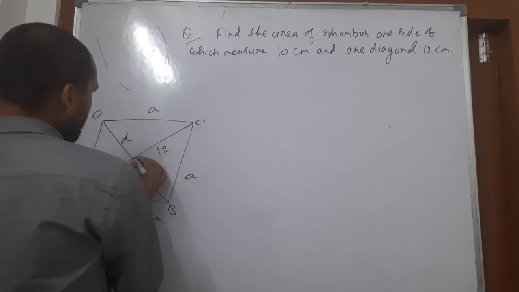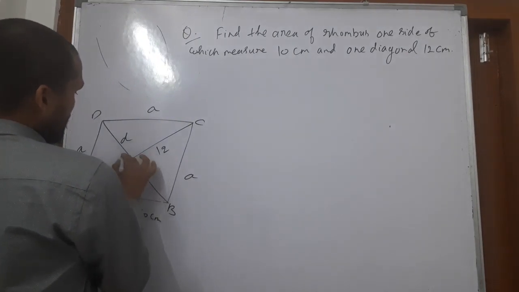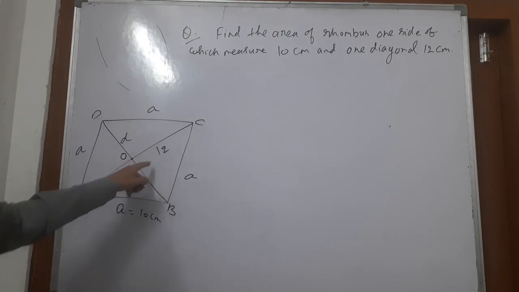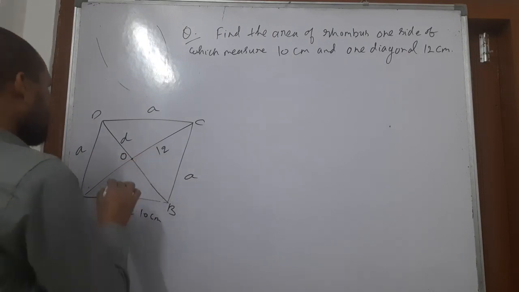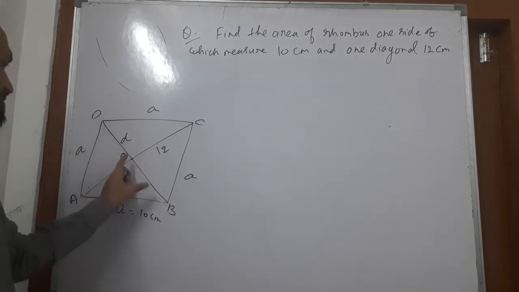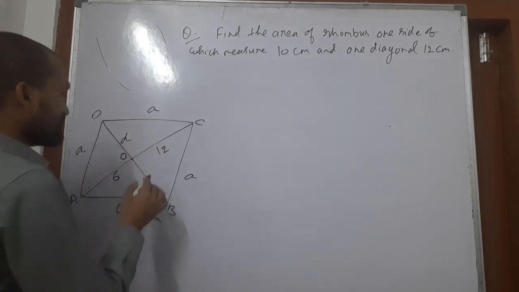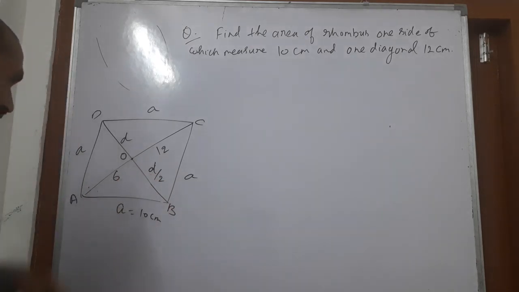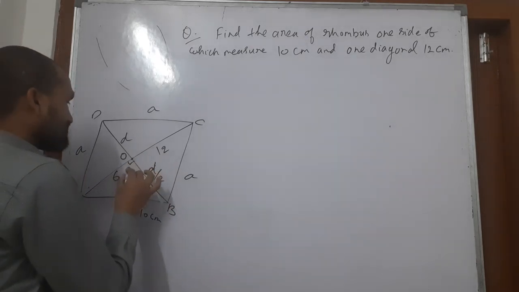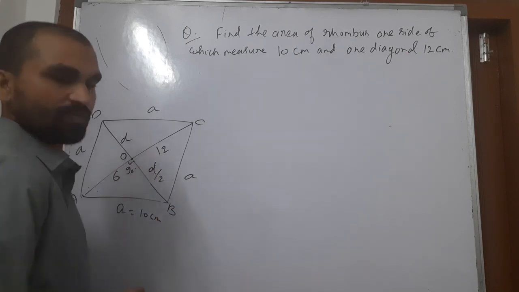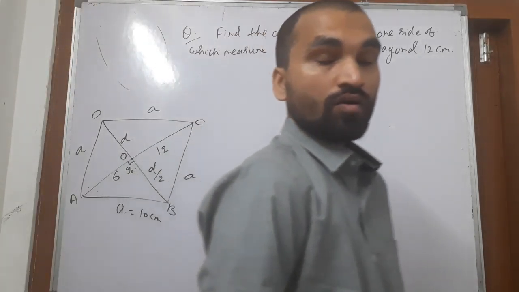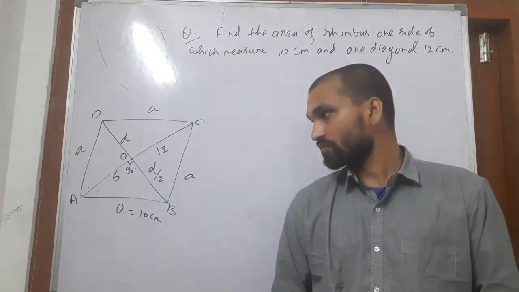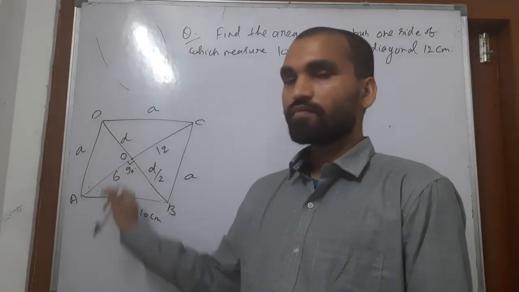Let these diagonals intersect each other at point O. So half of this diagonal will be 6 and half of the other will be d by 2. This angle is 90 degrees, because according to the property of a rhombus, the diagonals intersect at 90 degrees.